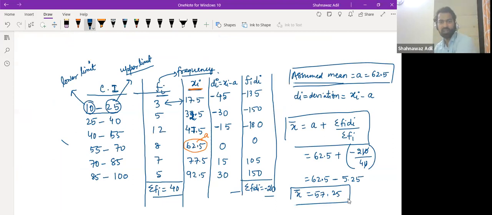Any doubt in this method? Yes, any doubt in this method, Rifa? Can you hear me, Rifa? Hello, can you hear me, Rifa? Yes, hello.